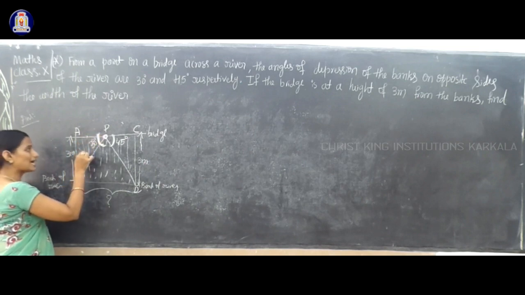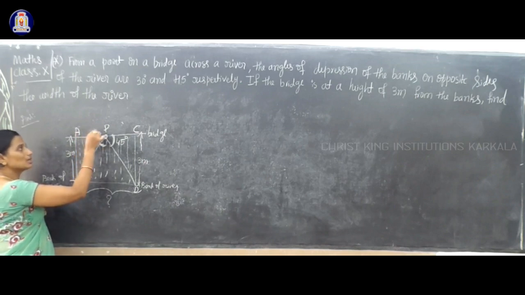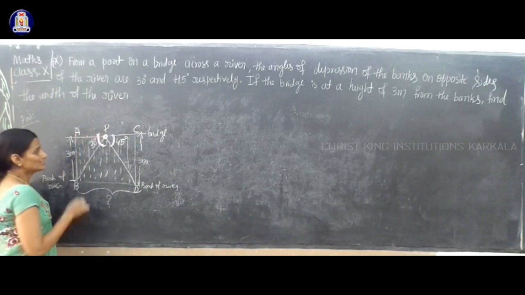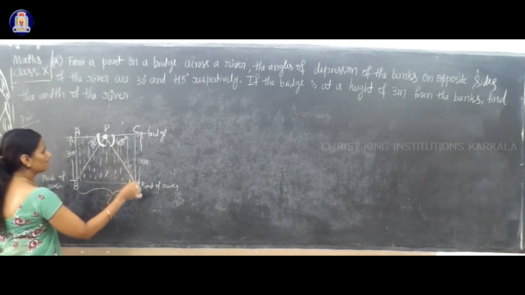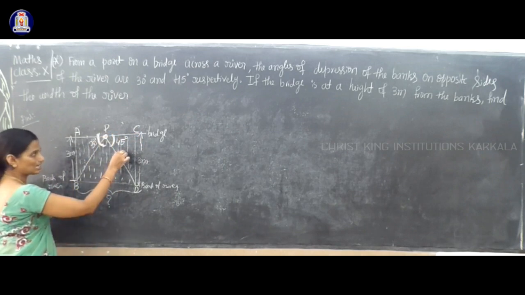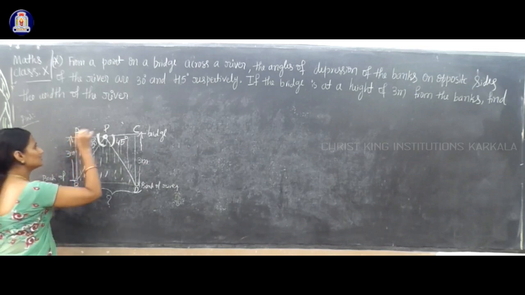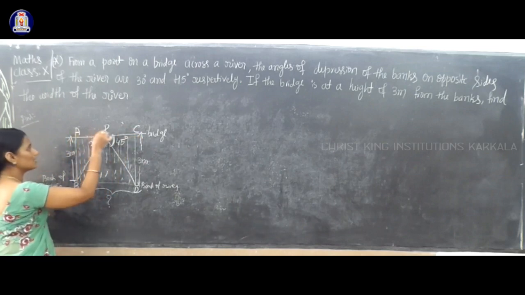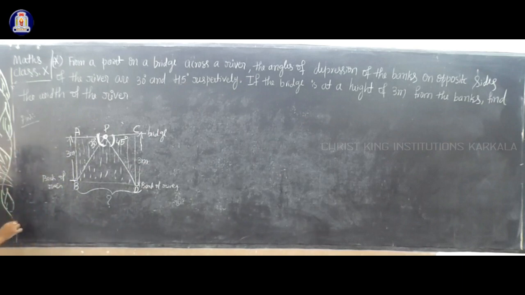Use tan for this triangle to get AP. Similarly, use triangle BCP to get PC. So AC is AP plus PC.